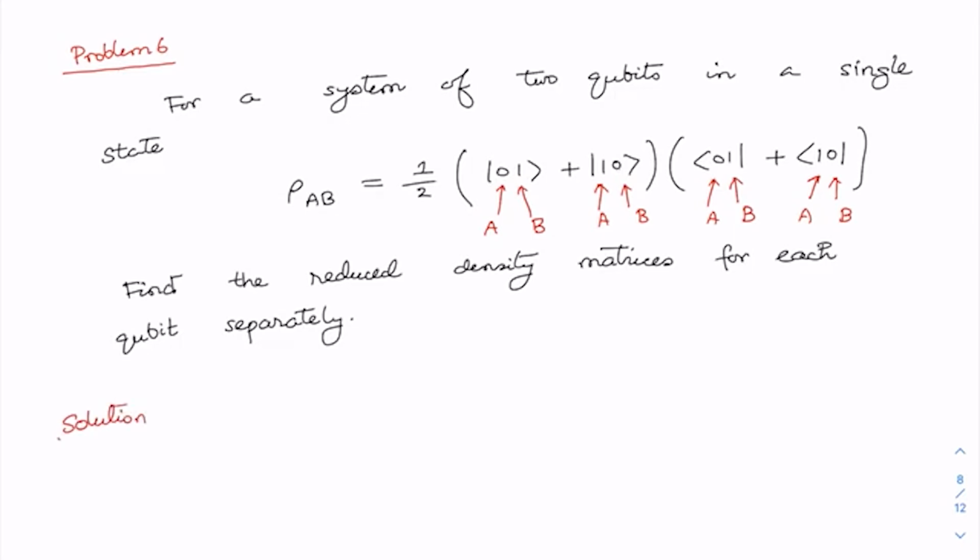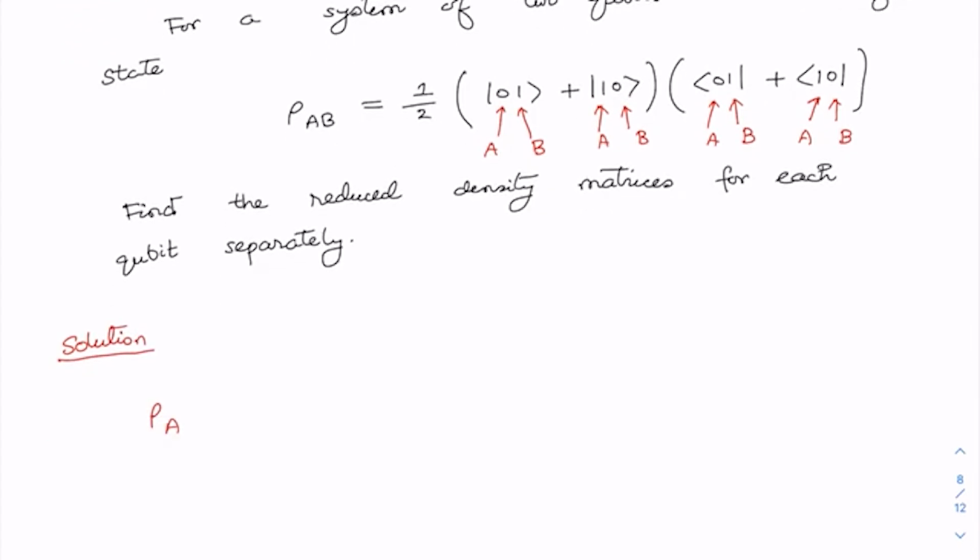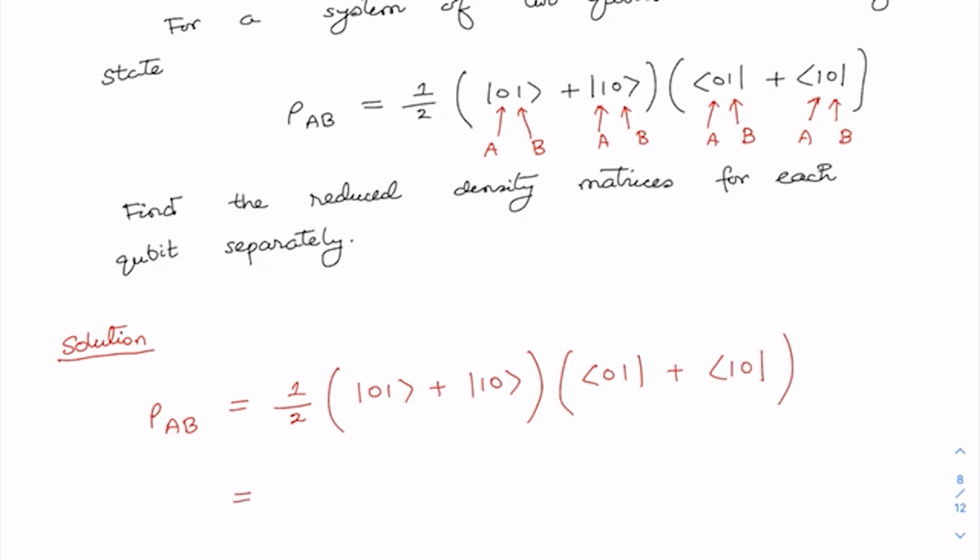So first of all, let me open up this density operator ρ_AB. Let me write first, it is half of (|01⟩ + |10⟩) tensor product with the bra (⟨01| + ⟨10|). If I open it up term by term, let me take the tensor product of this one with this one. So I will have |0⟩⟨0| tensor product with |1⟩⟨1|.